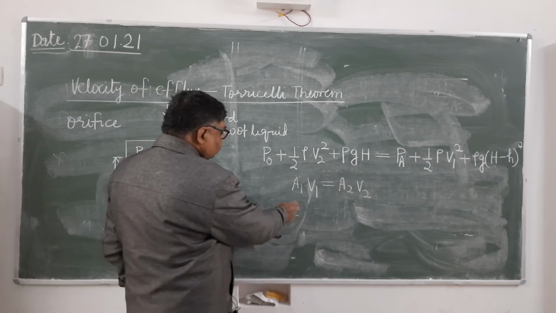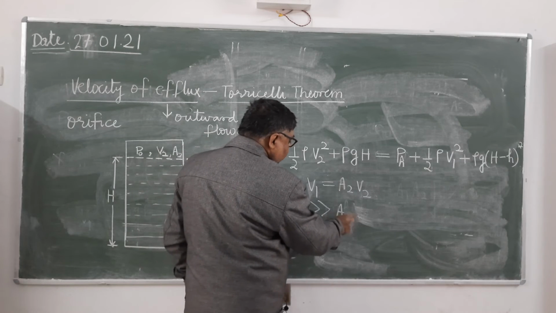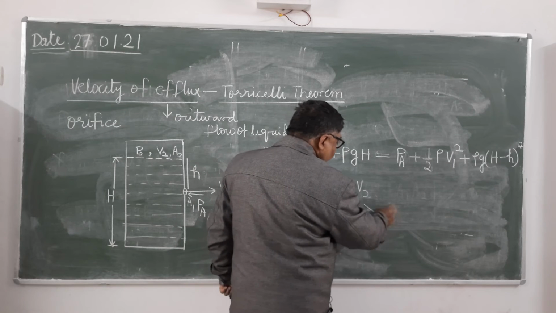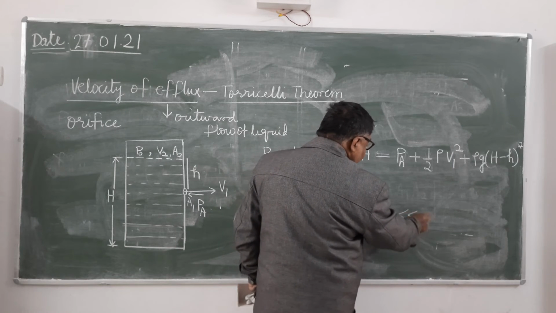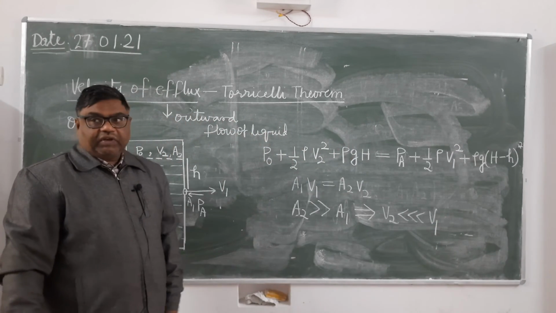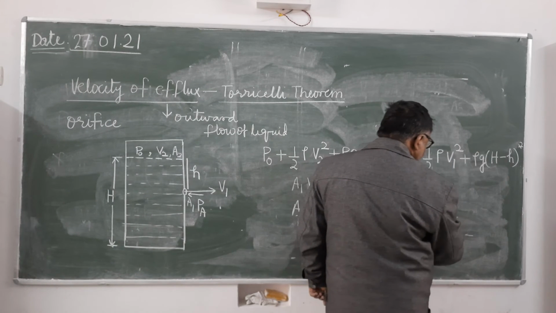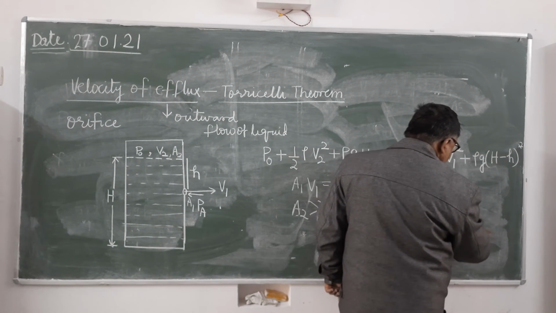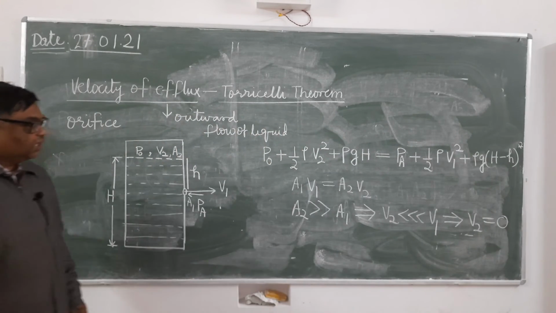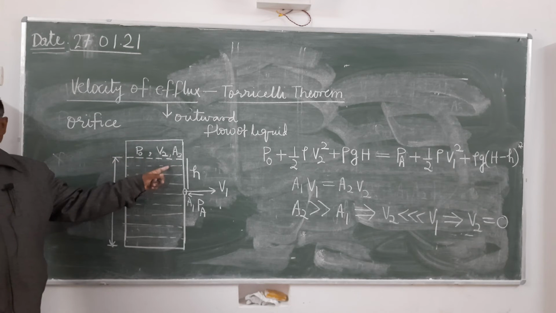Means A2 has a very large value compared to A1, so V2 will be very, very small compared to V1. You can take V2 as almost 0, meaning we can assume that liquid is not flowing here.